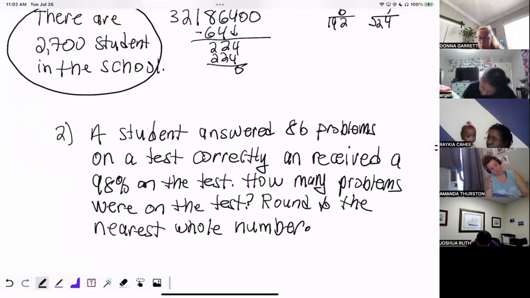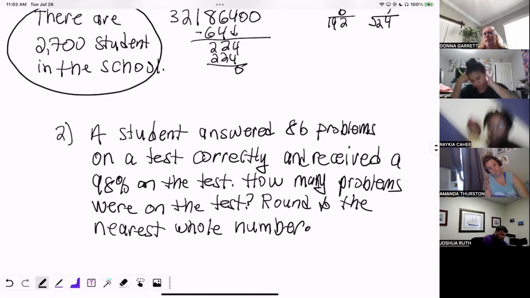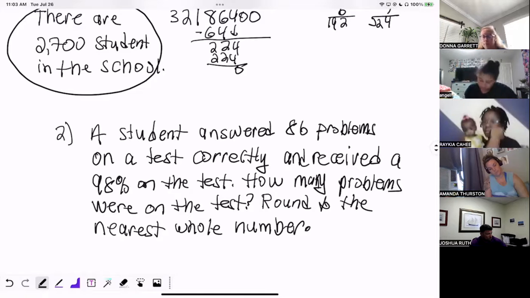Okay, a student answered 86 problems on a test correctly and received a 98% on the test. How many problems were on the test? Round to the nearest whole number. It couldn't be a decimal anyway because you can't have a decimal of a question.